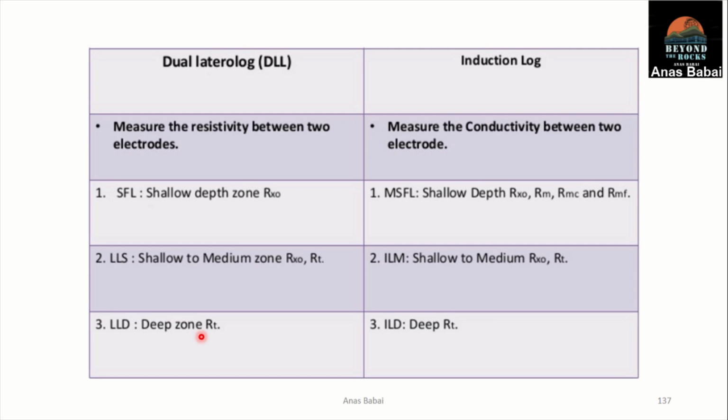The invaded zone is where both fluids occur, the drilling fluid and the formation fluid, and it's a kind of transition zone in between, while the uninvaded zone is where we only find the formation fluid, which is either water or hydrocarbon. The resistivity that is measured in the flushed zone is RXO, while in the uninvaded zone it is RT, or the true resistivity.